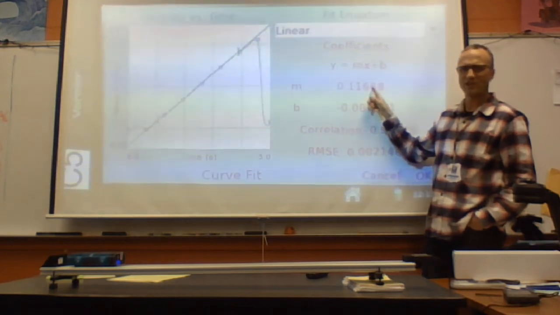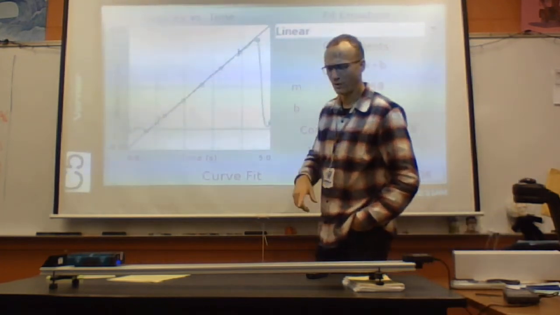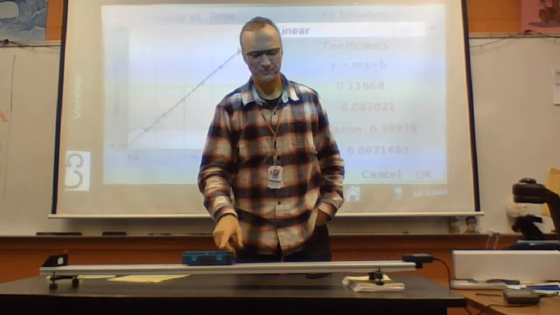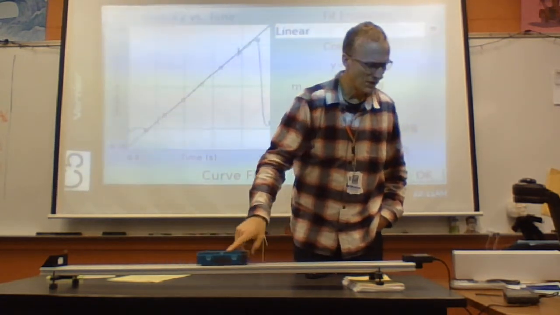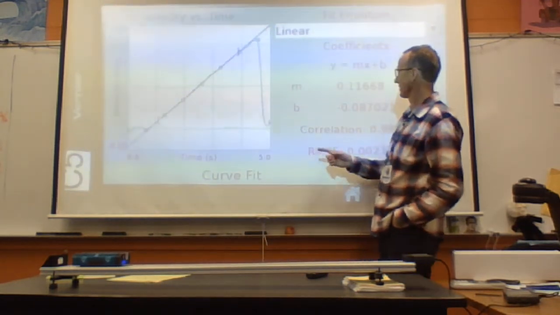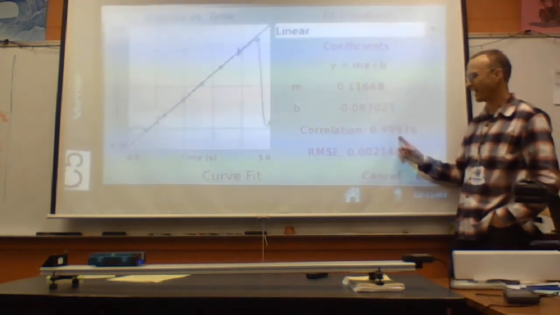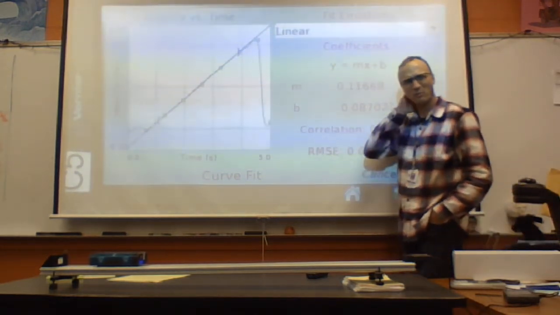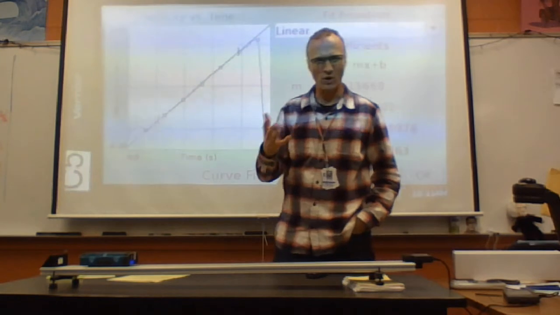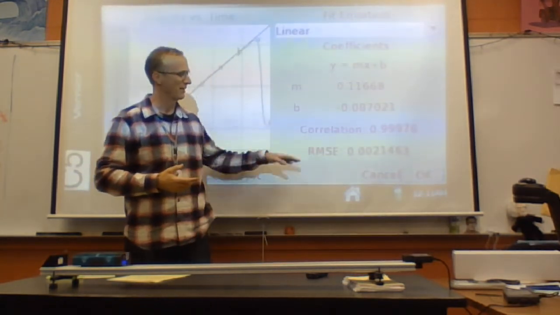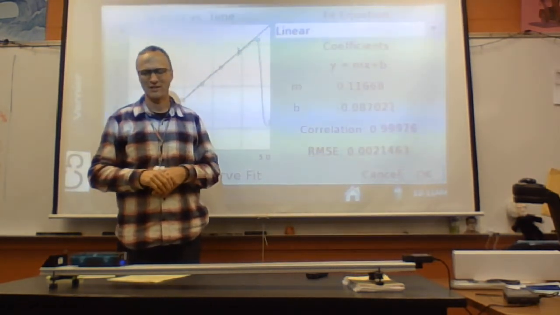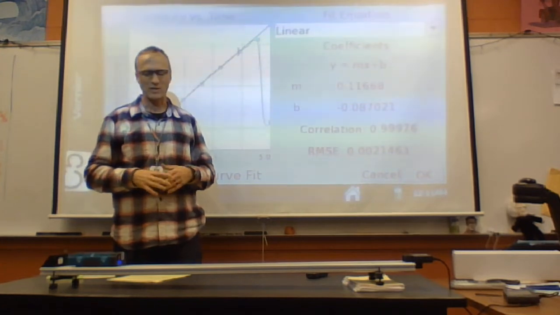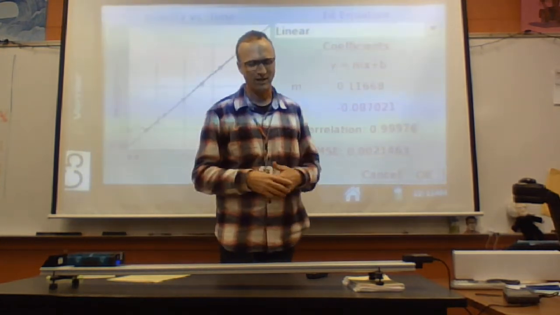I have just measured the acceleration of the cart when it rolled down that ramp. Furthermore, the correlation is 0.9976. Remember, a perfect correlation is 1, and I'm awfully close to 1. That's a pretty dandy value. I could repeat that a couple times, get some data that I can trust.